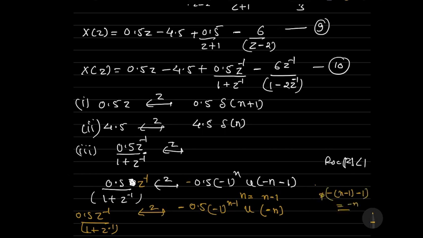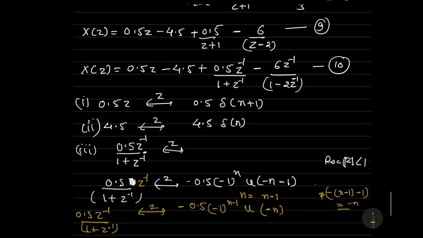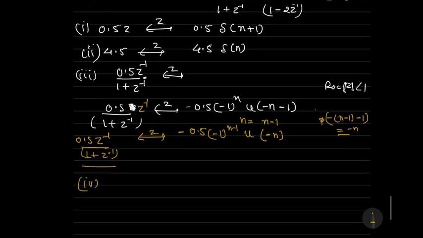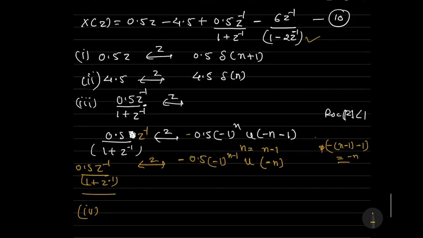Okay. So the inverse z transform of 0.5 z to the minus 1 upon 1 plus z to the minus 1 is minus 0.5 into minus 1 to the power n minus 1 into u of minus n.